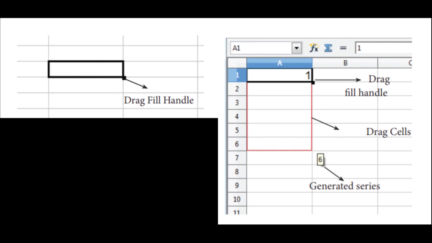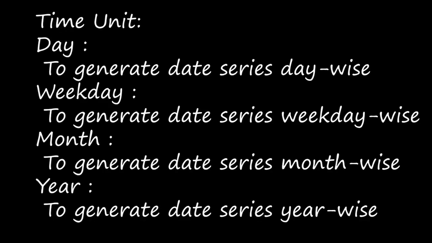Time unit: to generate a date series, day means day-wise. It is enabled only when you select the series type as date. Weekday generates the date series weekday-wise. Month generates it month-wise. Year generates it year-wise.